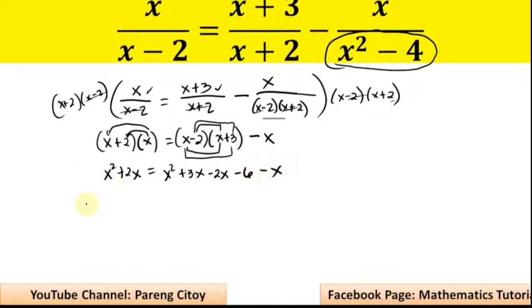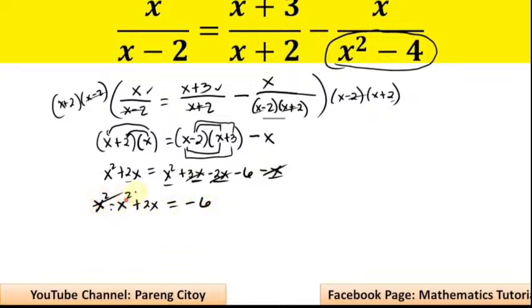Then combine like terms. So x squared, lipat natin ito, magiging negative x squared plus 2x, ito 2x or 3x minus 2x minus x, so ma-eliminate na yan, equals negative 6.